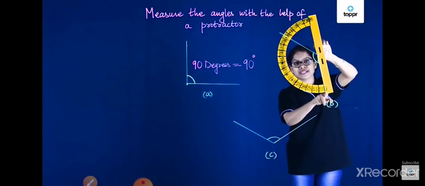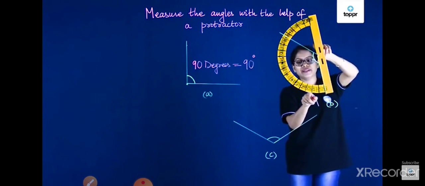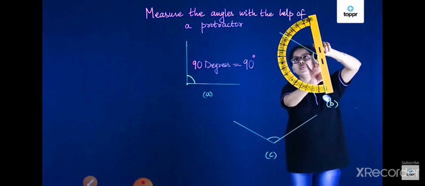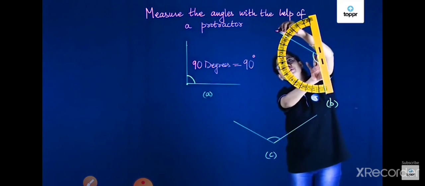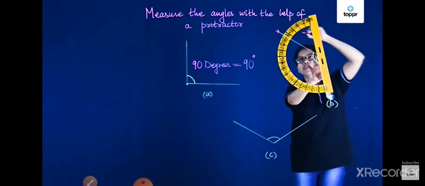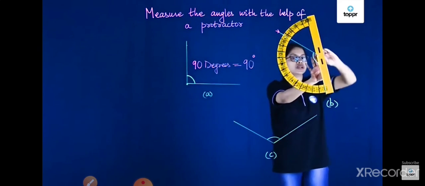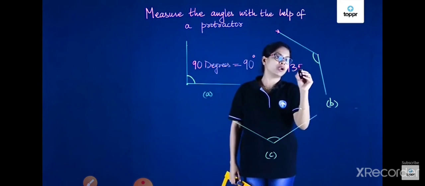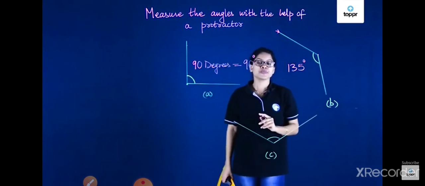We'll start from the base and follow the 0 mark, and find the reading at this point in the protractor. At this point the protractor reads 135, so the measure of this angle is 135 degrees.